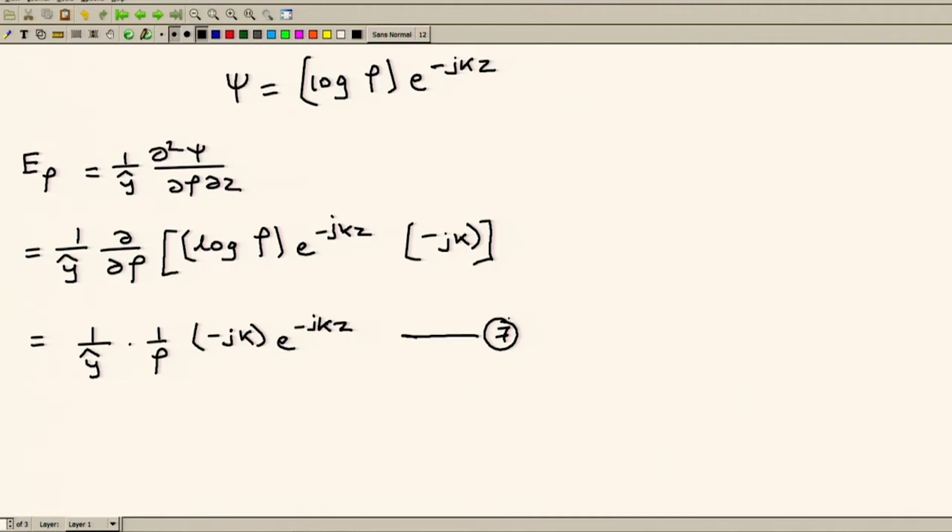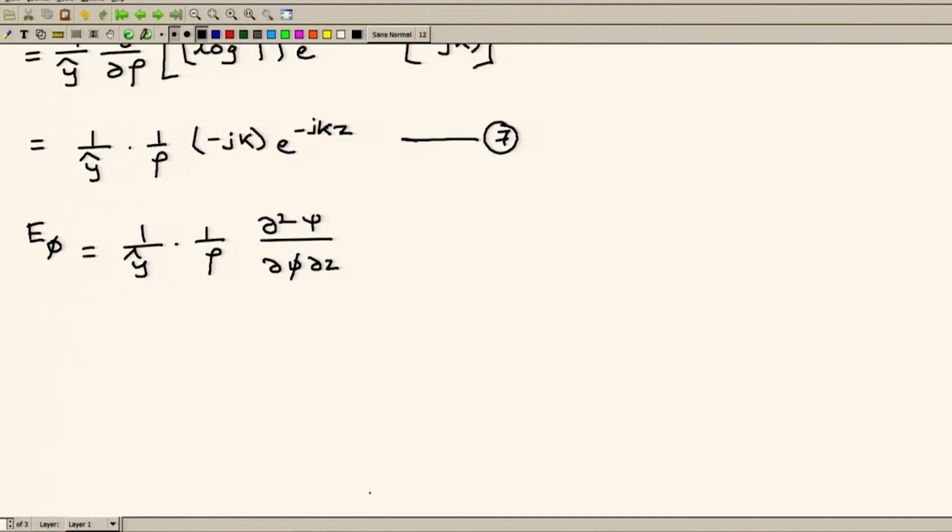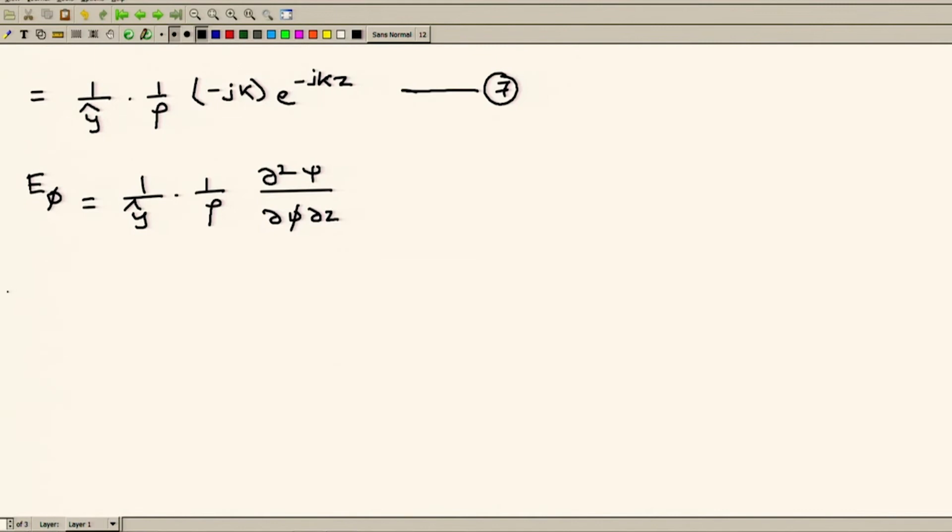Now, we will have E phi. So, E phi we know is given by 1 upon y cap 1 upon rho del square psi upon del phi del z. So, we will write it like 1 upon y cap 1 upon rho, and then first we will differentiate with respect to z and then with phi.